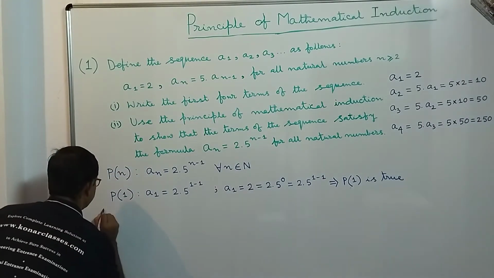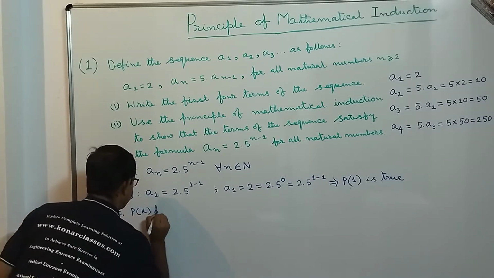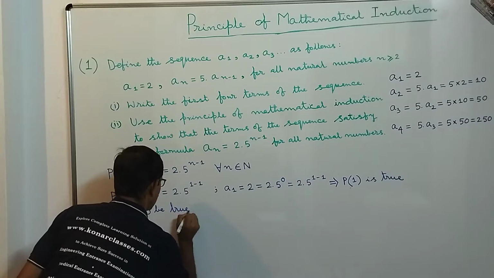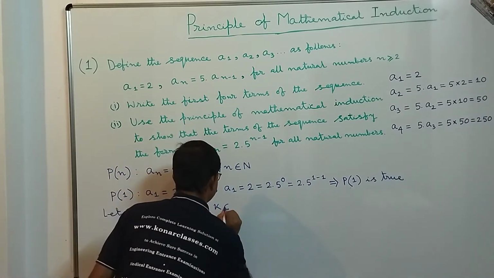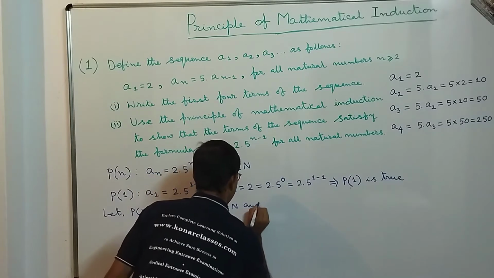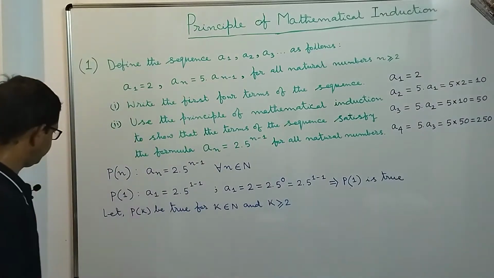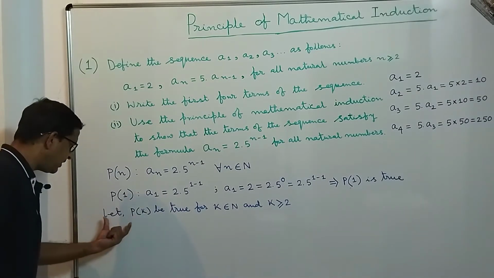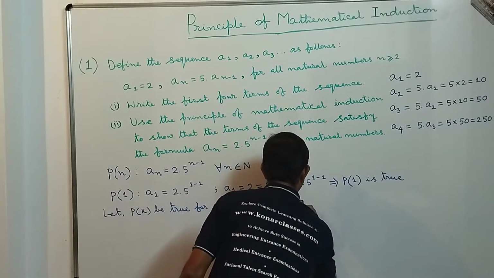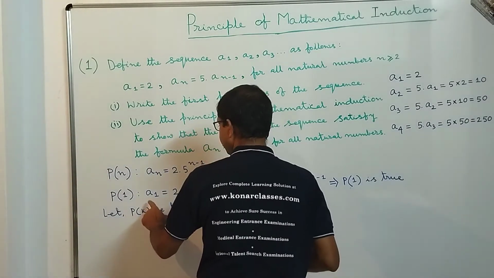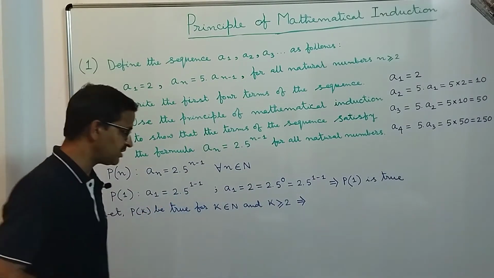So let Pk be true for k belonging to the set of natural numbers and k greater than or equal to 2, correct? Now the moment we assume that Pk is true, what does it mean? What is Pk? Pk is nothing but Ak equal to 2 into 5 to the power k minus 1.